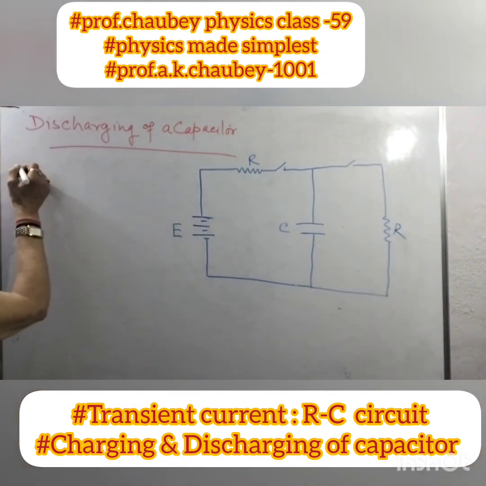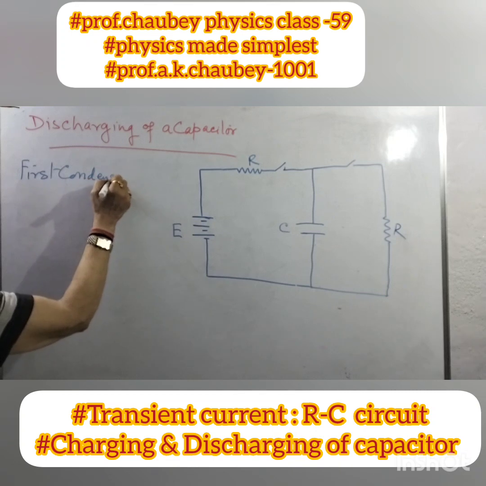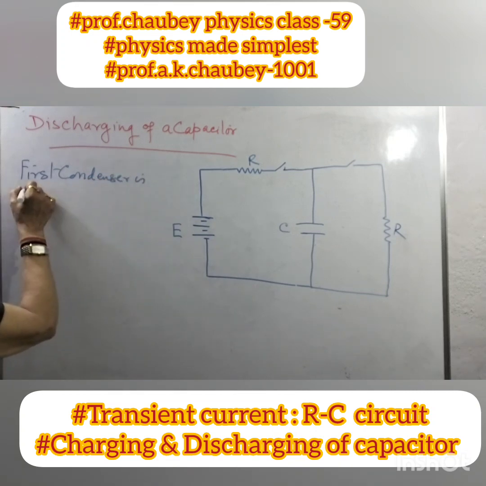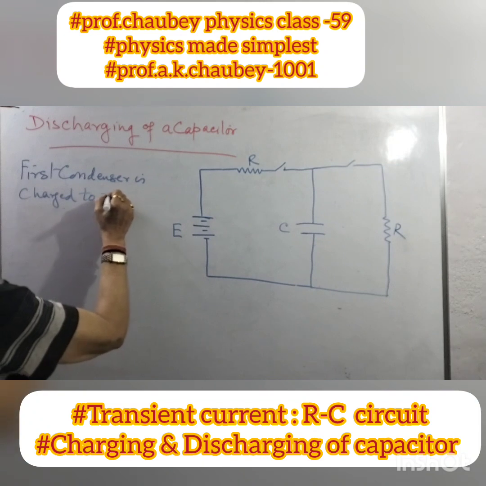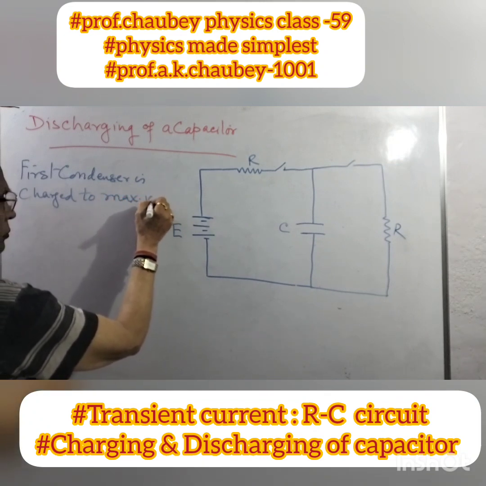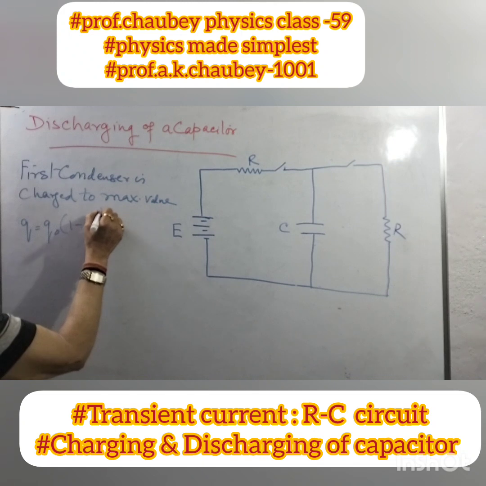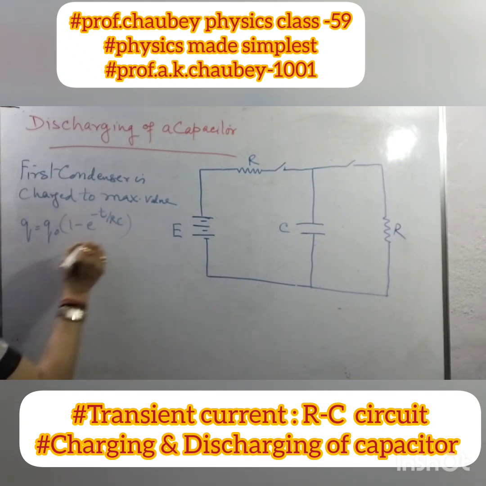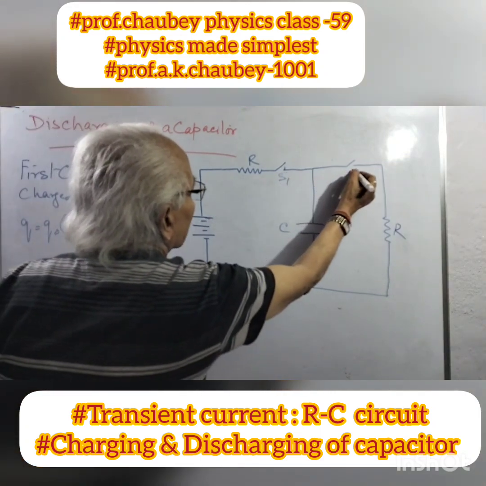Means first the condenser is charged to the maximum value, so Q is equal to Q naught times 1 minus e to the power minus t over RC, and then we have this switch S1 and this switch S2.